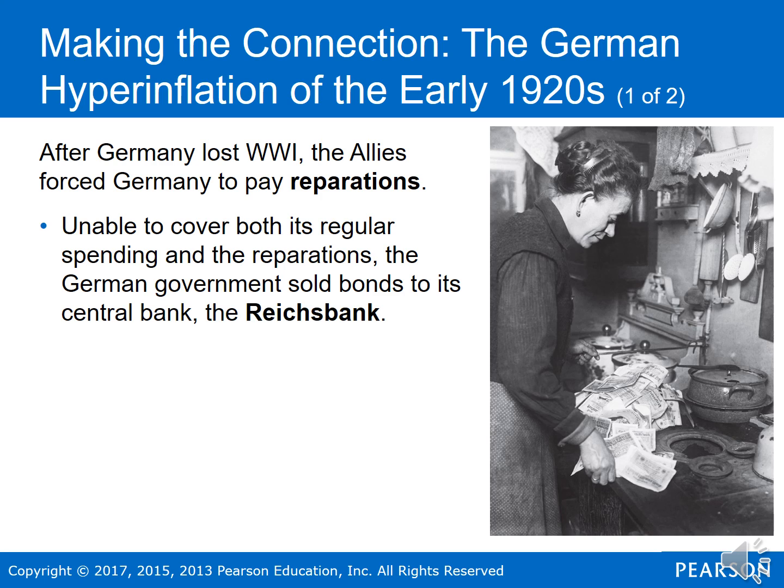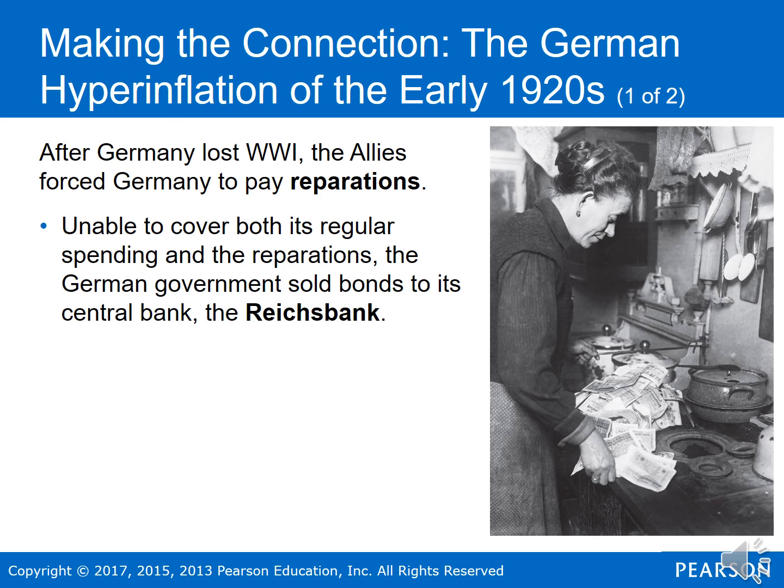This had a pretty easy to predict effect. They massively increased the currency in circulation, so it rose from 115 million Reichsmarks in January 1922 to 1.3 billion Reichsmarks in January of 1923, and 497 billion Reichsmarks by the end of 1923.